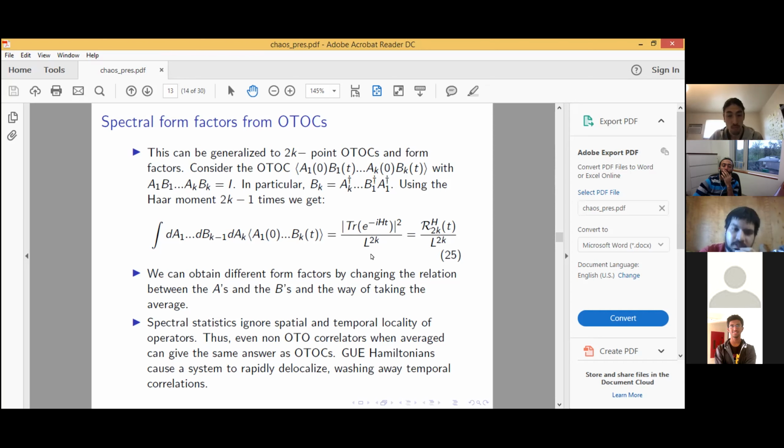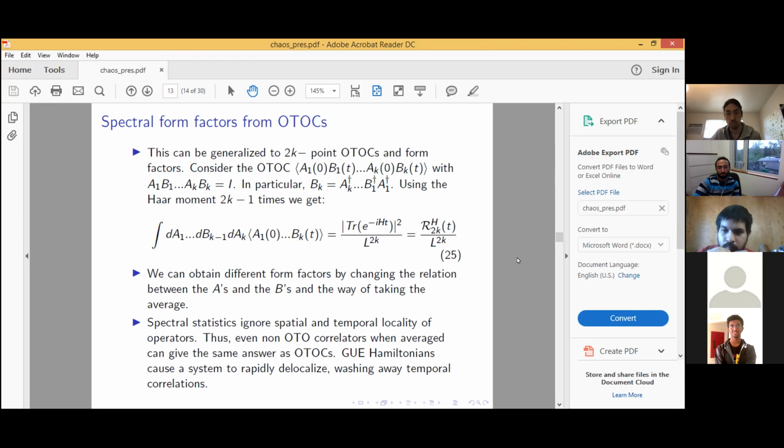The particular example that was discussed in the paper defined each Bi to be the dagger of each Ai, and we ended up with something like R_K times R_K, so square of R_K divided by, I think, L to the 2K minus 1, something like that.